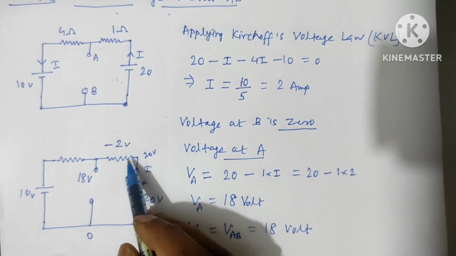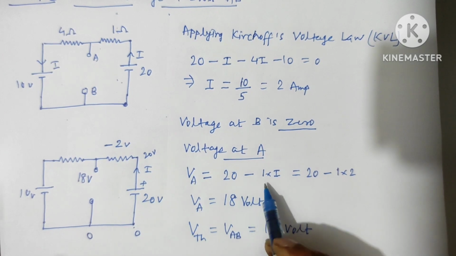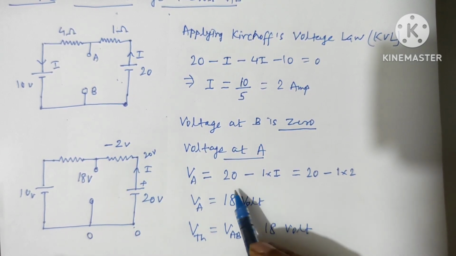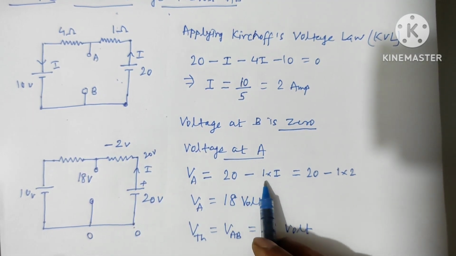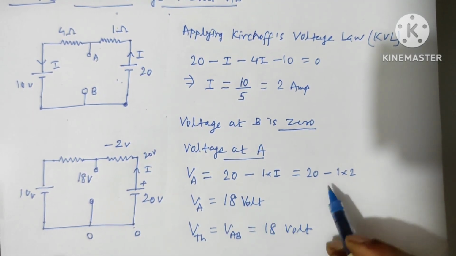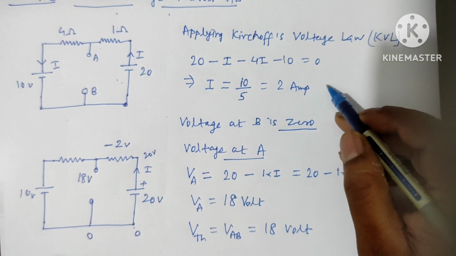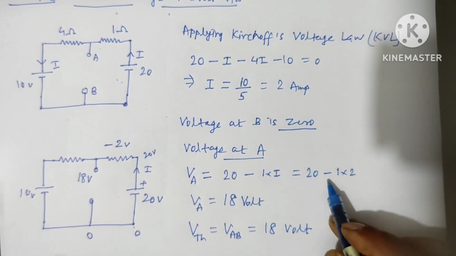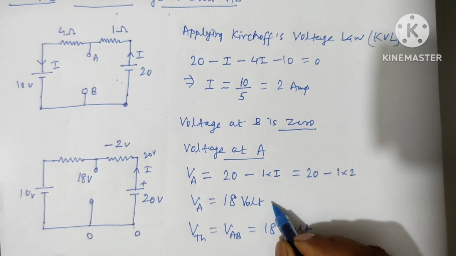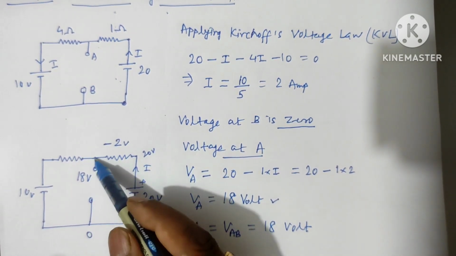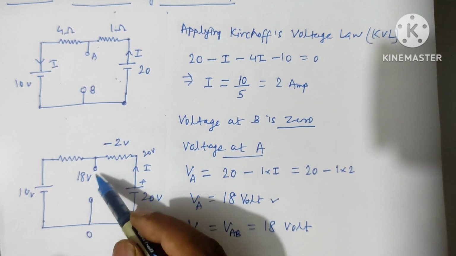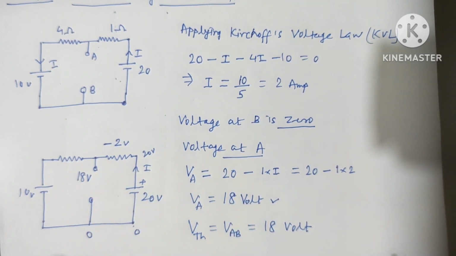Thereafter, because current is circulating, there will be a voltage drop, means voltage at this point A will be 20 minus 1 into I, and I have already solved, that is 2 ampere. So 20 minus 1 into 2, therefore 18 volt. So 18 volt will be the voltage at this point, means VA, or I can say V Thevenin, means voltage across these 2 points A and B, it will be 18 volts.